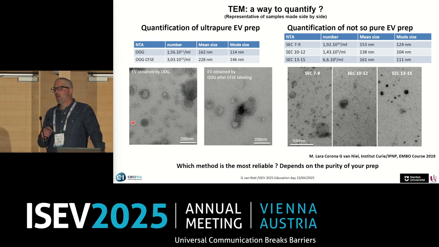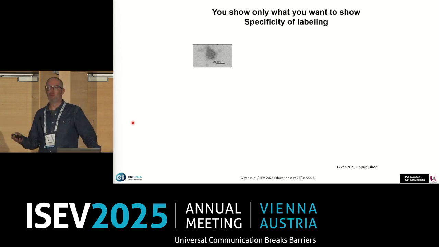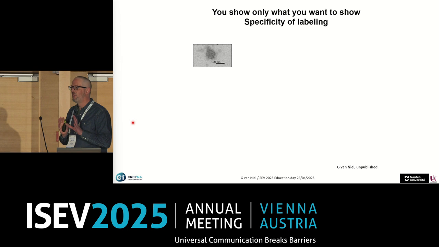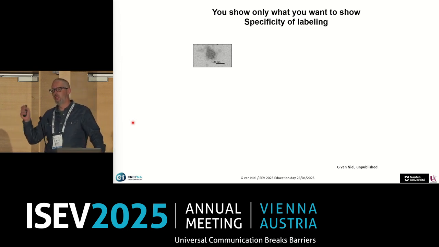The main problem with electron microscopists is that they can show whatever they want to show. Because we choose the field that we want to put on the paper, and this is the kind of picture you will see on each paper, a small cartoon with 1 vesicle, showing that indeed we have vesicles of a good size with a precise labeling of the vesicles.